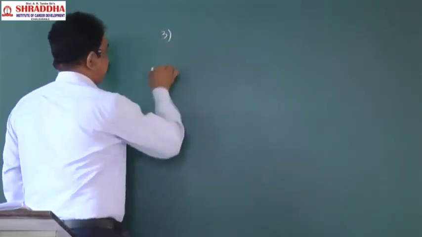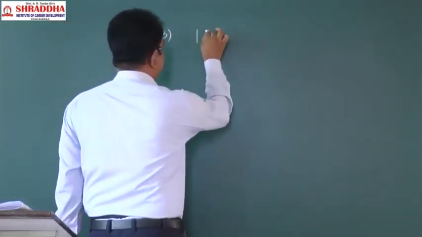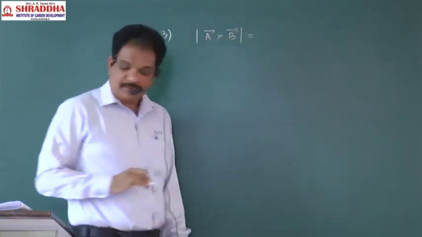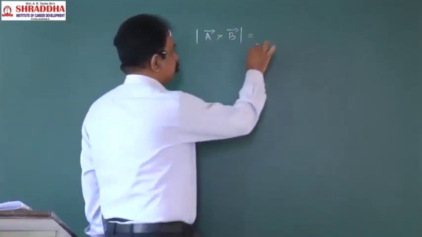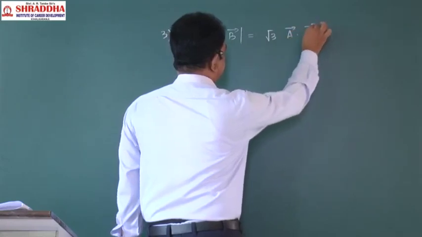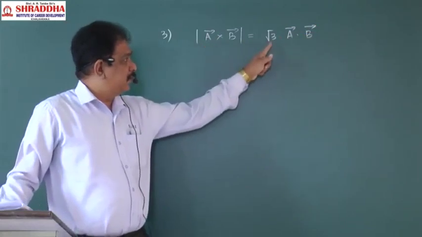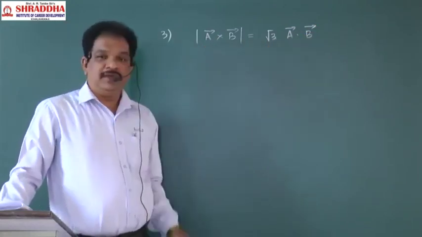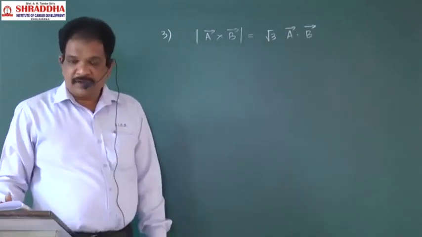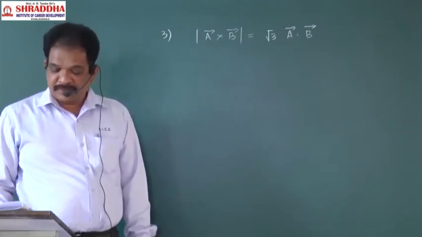So, modulus of a bar cross b bar is equal to root 3 into a bar dot b bar. Then find the value of modulus of a bar plus b bar, that is the question.